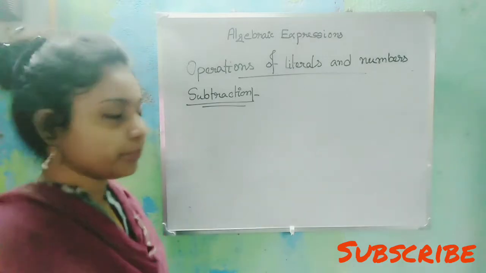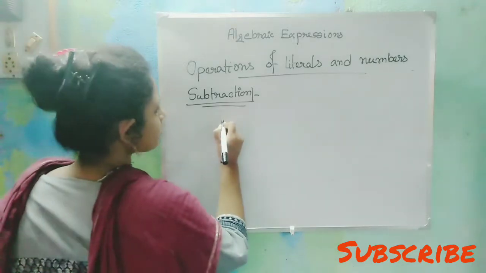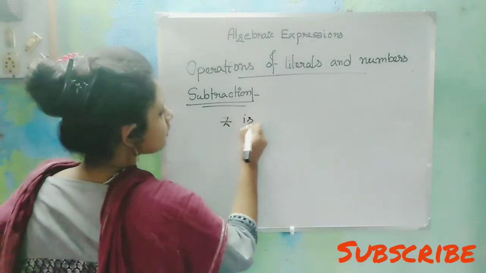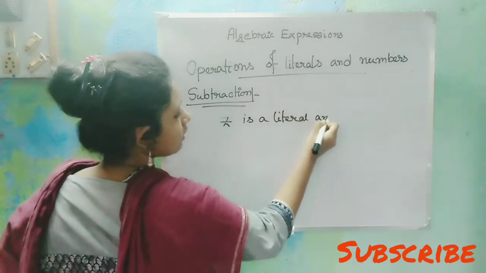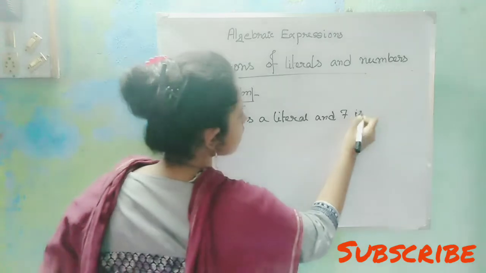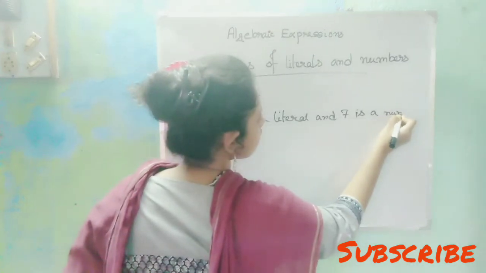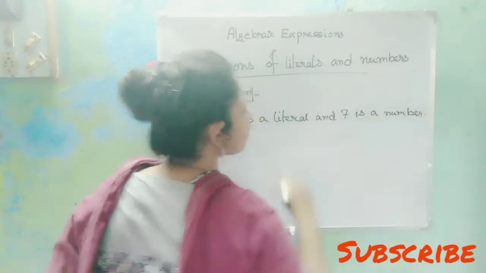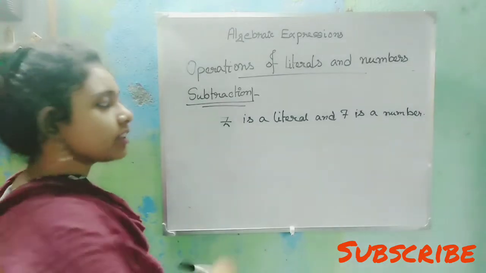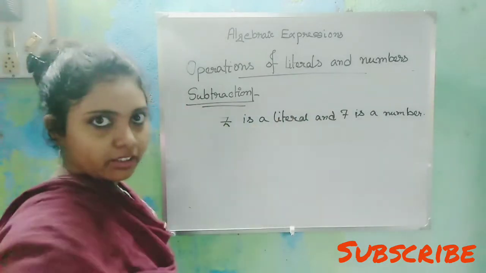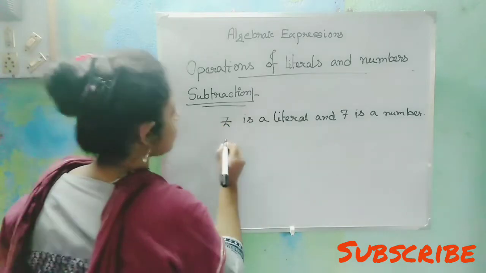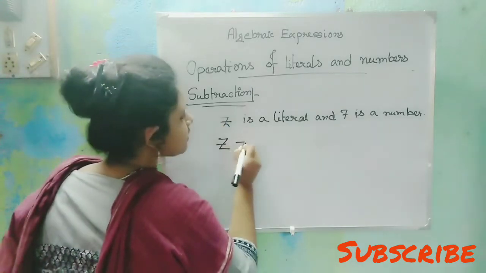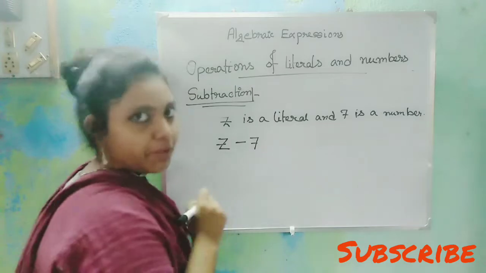Same as addition. Suppose Z is a literal and 7 is a number. So if we subtract 7 from Z, the representation will be Z minus 7.